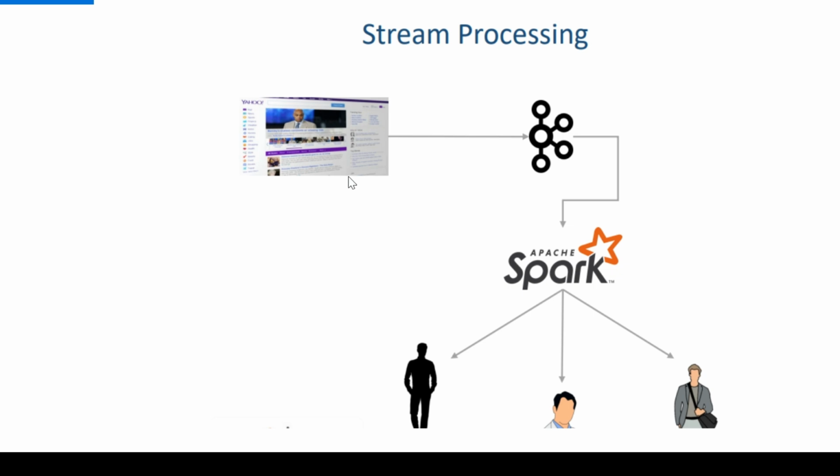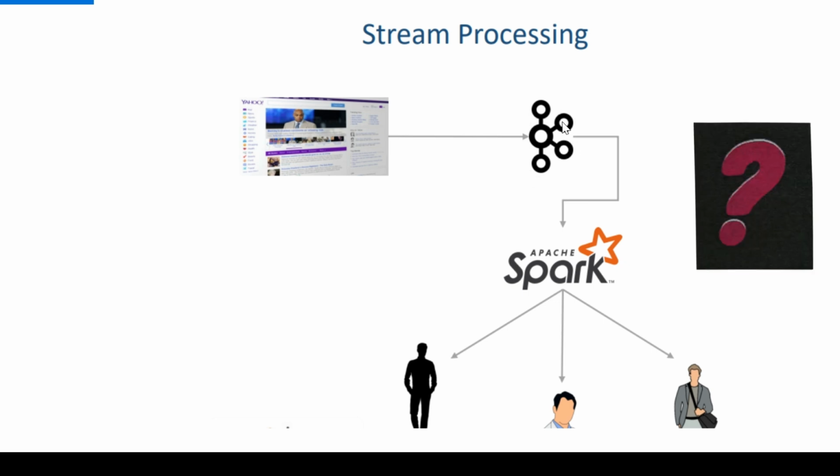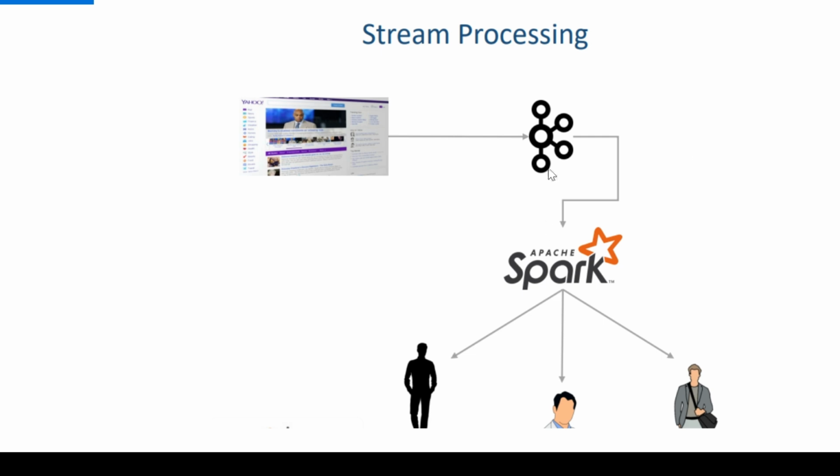Say you read a news feed in a continuous stream format and apply a machine learning algorithm to figure out which user is interested in which content. It will understand this and redirect the results to the particular user as a feed matching their interests. This is how stream processing works.